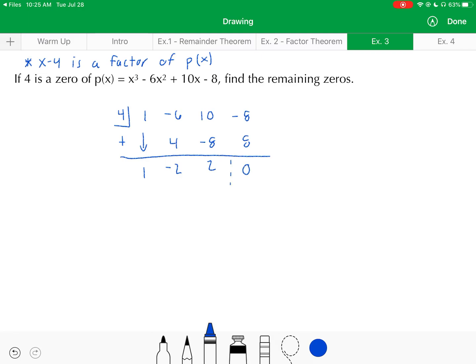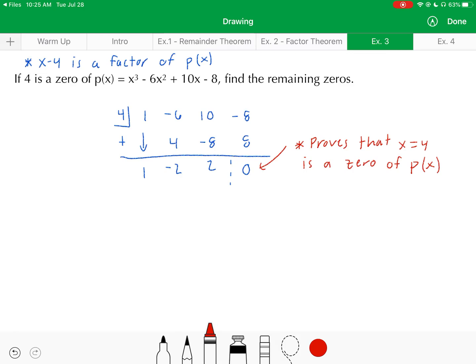Get a remainder of 0. Okay. So, once again, this proves that x equals 4 is a 0, or root of p of x, as well as that x minus 4 is a factor.